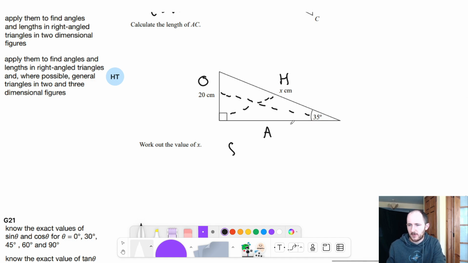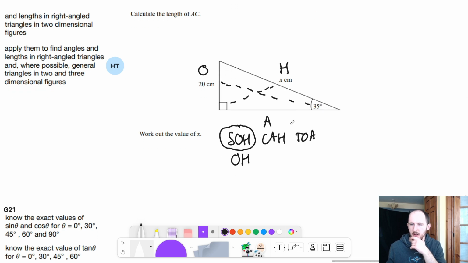So I'm going to write out SOH CAH TOA. Now I want side h and I have side o, so I have o and h, which means I'm going to be using SOH. And SOH just says that sine of the angle, so sine 35, is equal to the opposite side 20 over the hypotenuse, which is x.